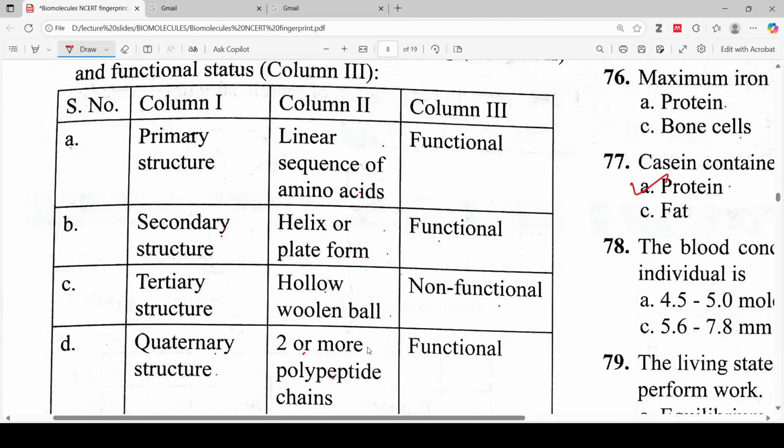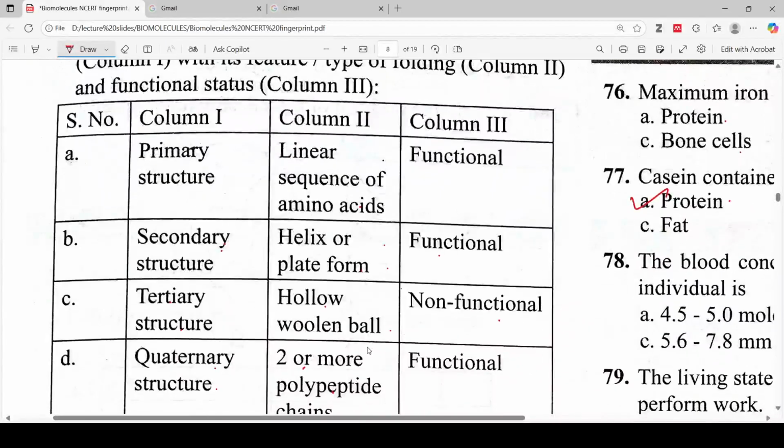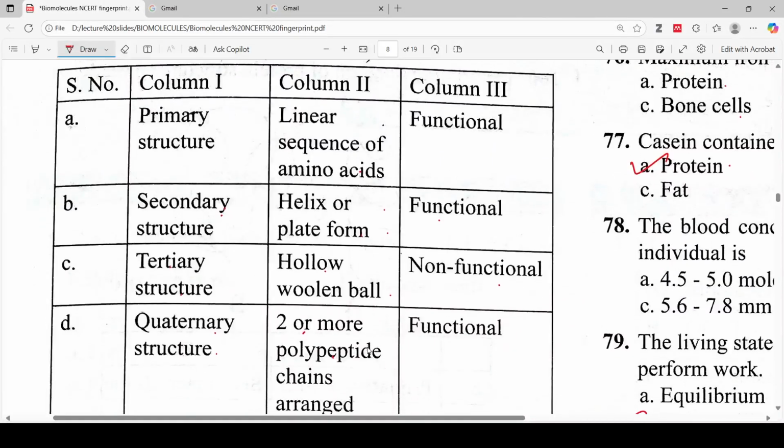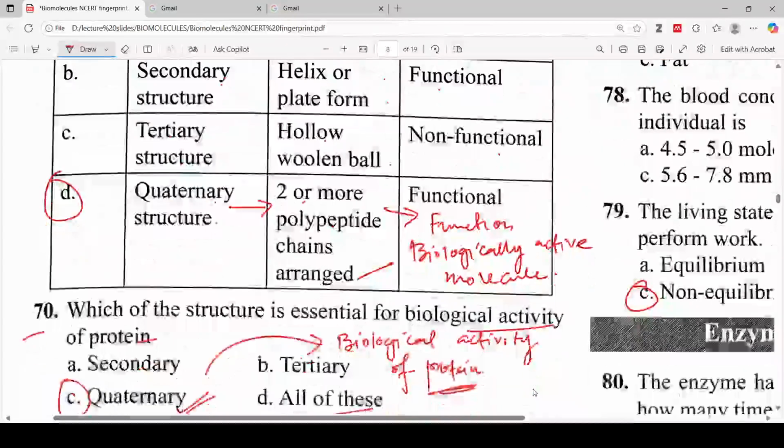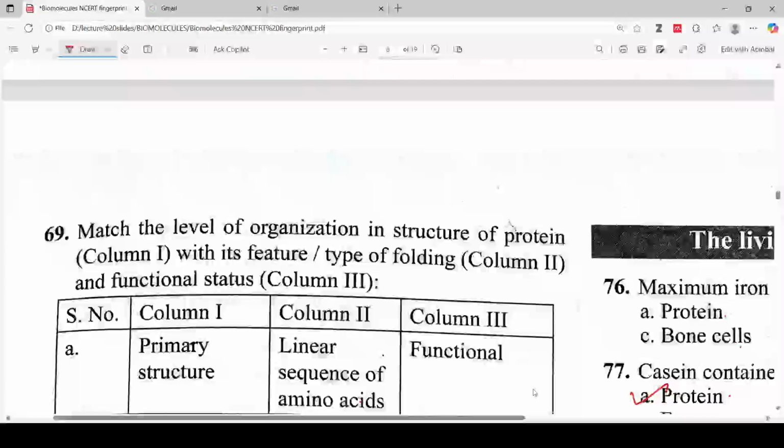The quaternary structure is made up of two or more polypeptide chains arranged together, and then it is a functional, biologically active molecule. The correct answer is option D.